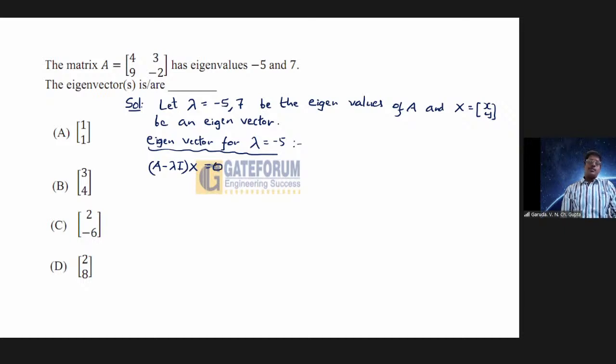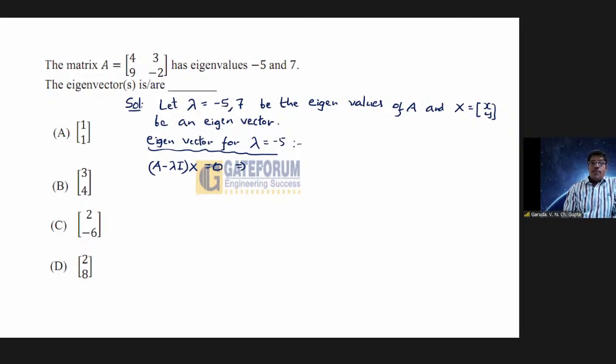This is the matrix form of some equations. Whenever a vector X, the eigenvector, which is never 0 and is always non-zero, satisfies the equation A minus lambda into I into X equal to 0, such a vector X is called an eigenvector.